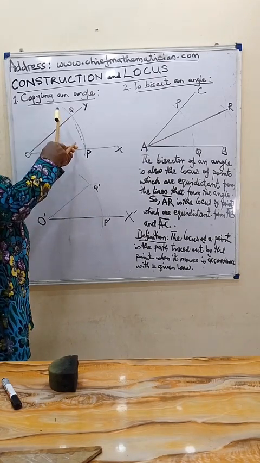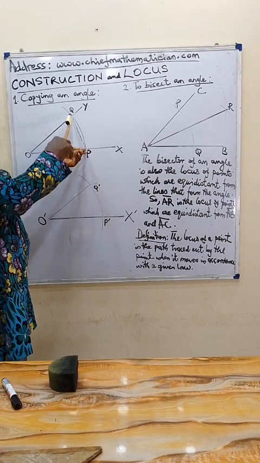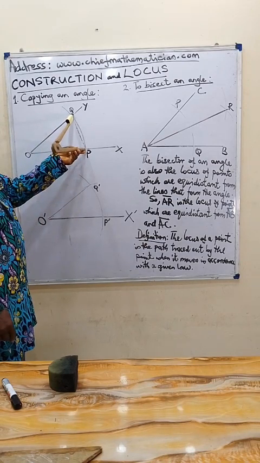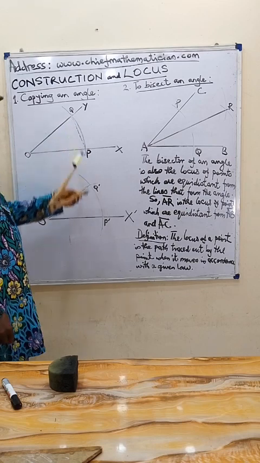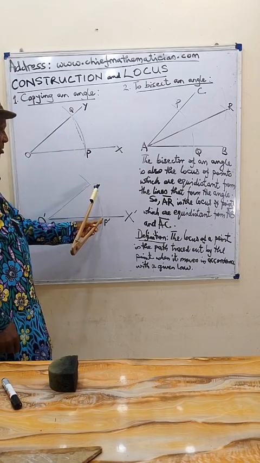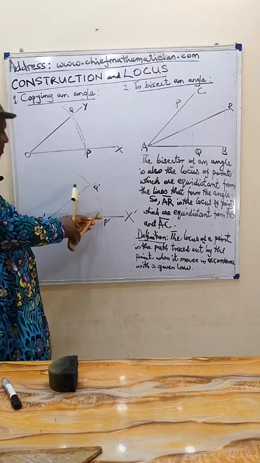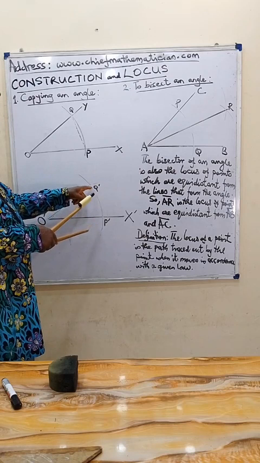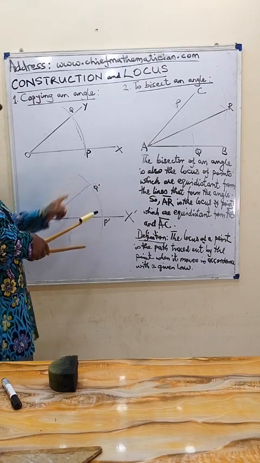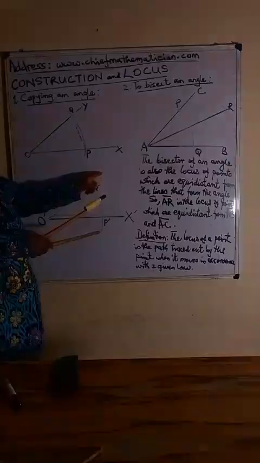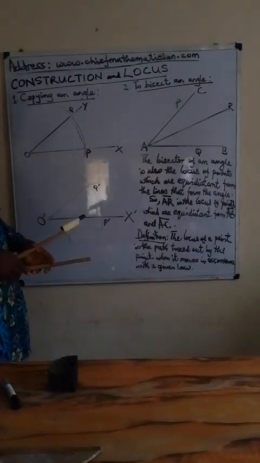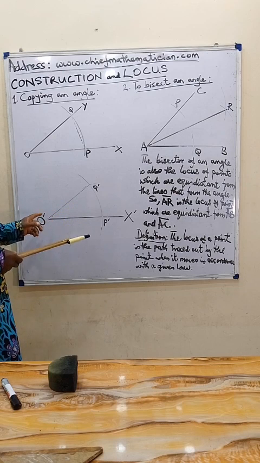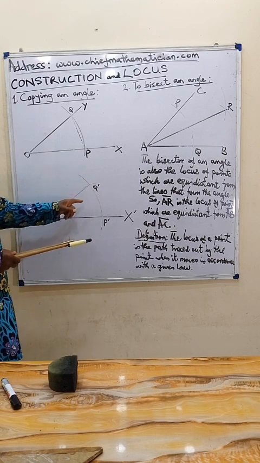You will measure the distance PQ from the given angle. Use that as your radius, and with this P prime as your center, you describe an arc which will cut the first arc at the point you are calling Q prime. Join O prime Q prime.